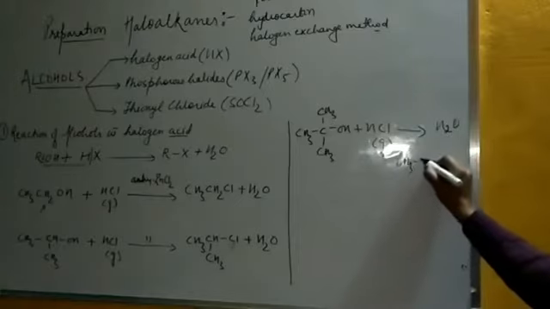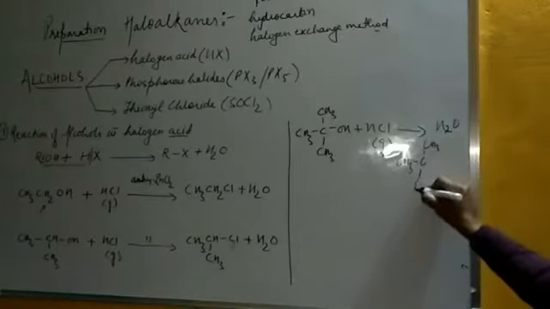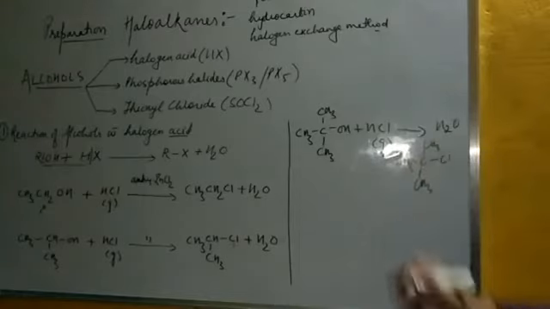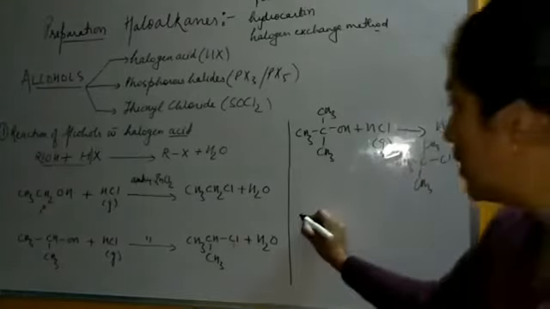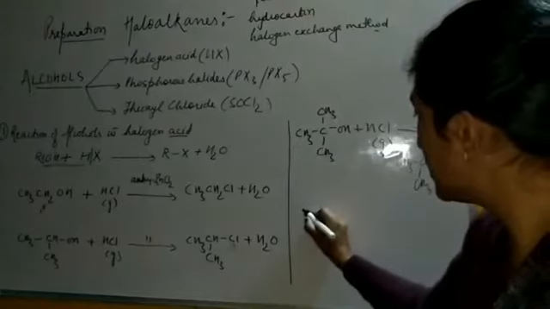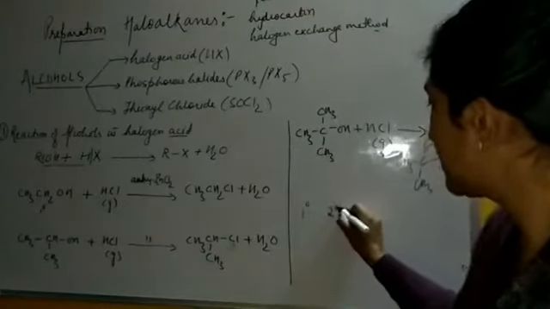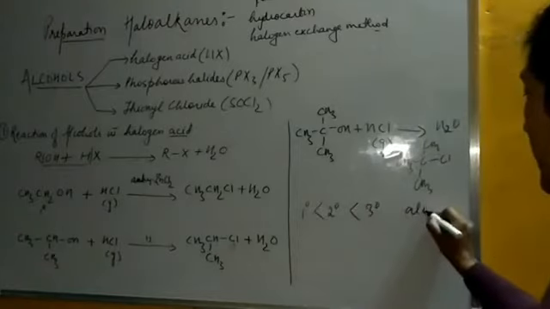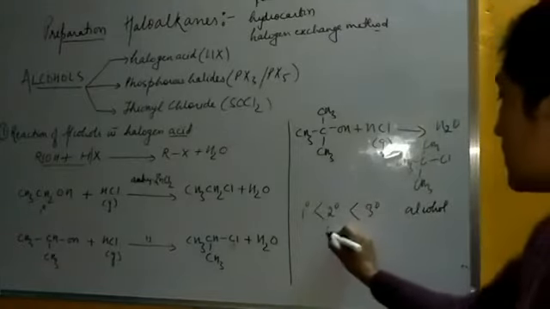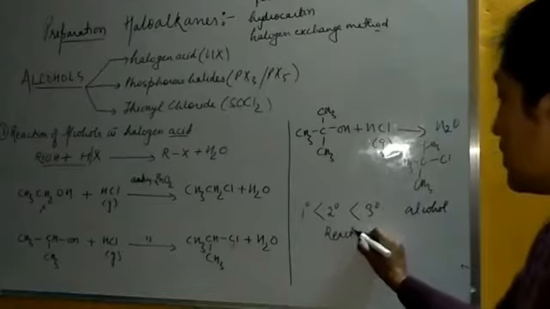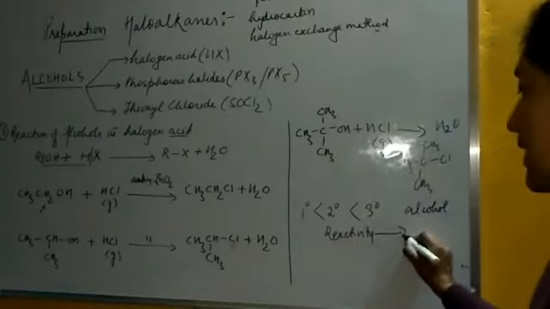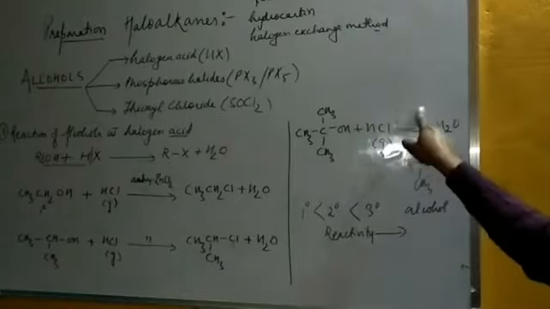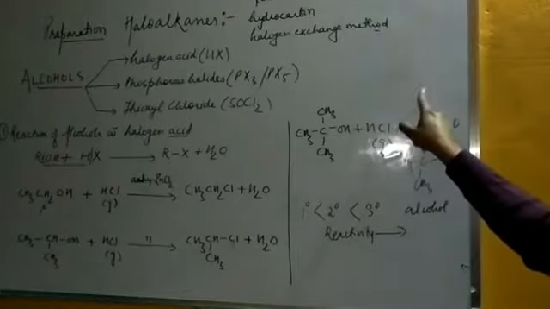So we will get here the tertiary alkyl chloride. It is formed. So here we don't require anhydrous ZnCl2. So that means here, for primary, secondary and tertiary alcohols, the reactivity increases for the alcohol, right? That we don't require here the anhydrous ZnCl2.